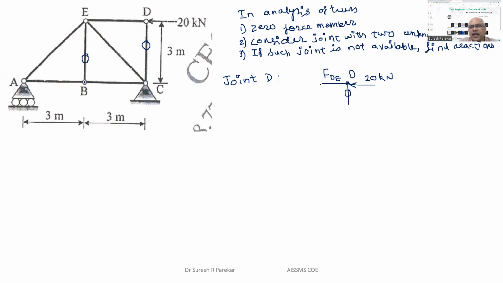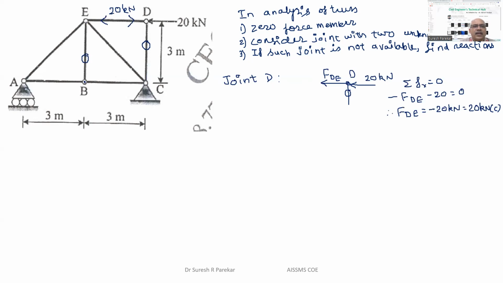So we will always consider tensile, and write summation Fx equal to 0. So we have minus FDE minus 20 equal to 0, and therefore FDE equals minus 20 kilonewton, and minus means this is compression in nature. Now show this compression in this member as 20 kilonewtons.